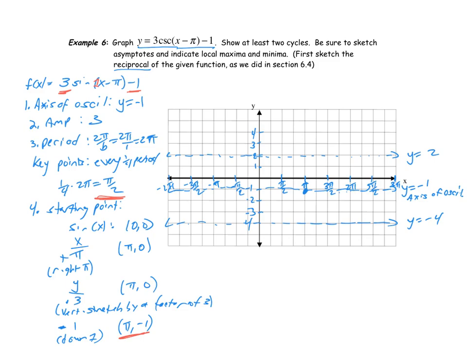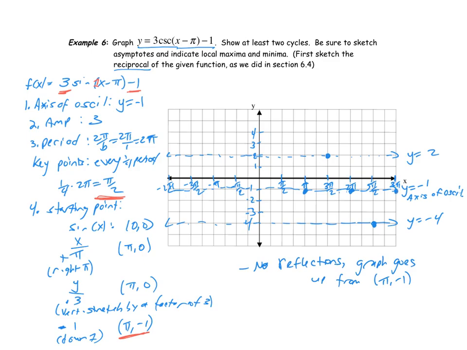Since we have no reflections, the graph will go up from pi, negative 1. The next key point will be at 3 pi over 2, at a maximum of 2. Then at 2 pi, we'll be back at the midline. At 5 pi over 2, we'll be down at the minimum, which is negative 4. And at 3 pi, we'll be back at the midline.